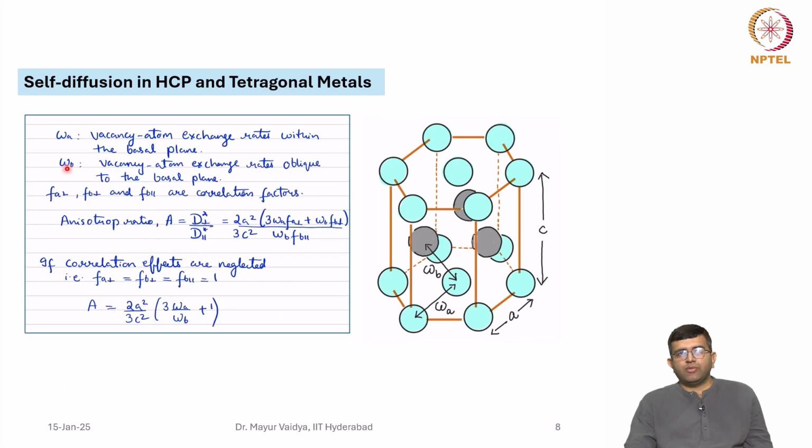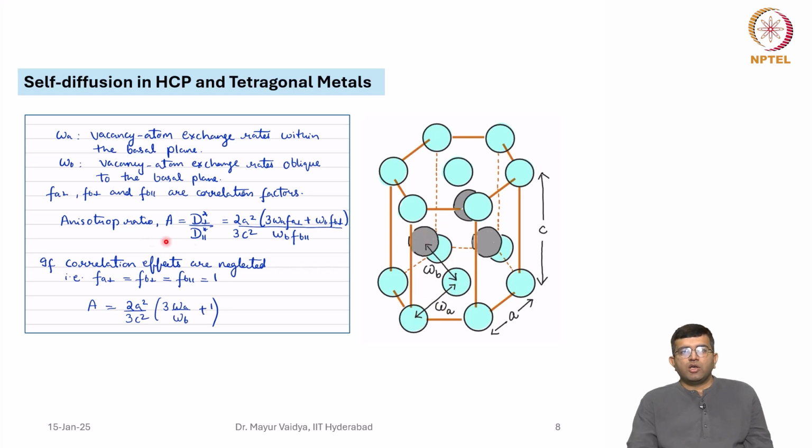So, as I said, vacancy atom exchange rates within the basal plane and vacancy atom exchange rates oblique to the basal plane. I hope it is clear that this gray atom is not the one in the basal plane, it is at an angle. So, this is the omega B we are talking about, because diffusion will happen by exchanges here and by exchanges here and by exchanges here.